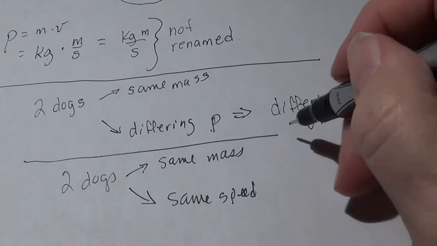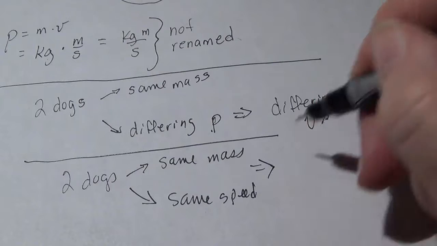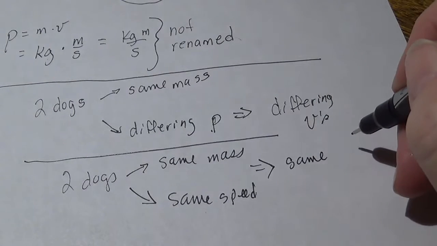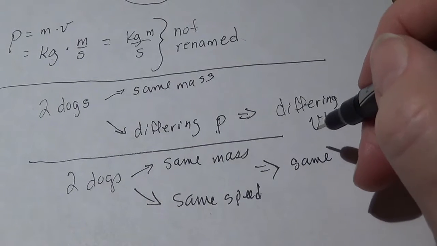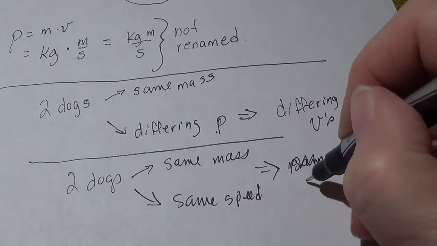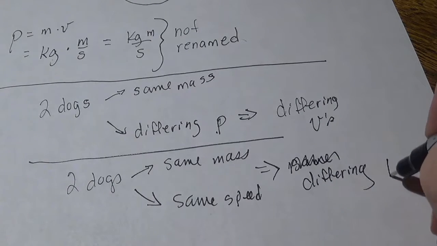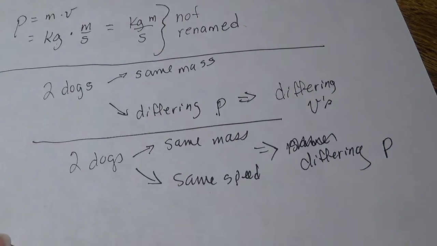Yet, these dogs, smart dogs, claim they have differing momentums. How can this be?